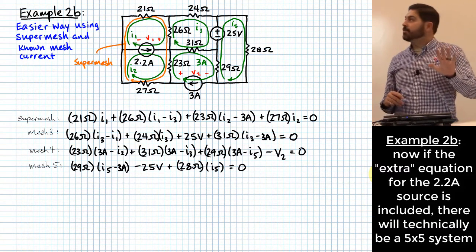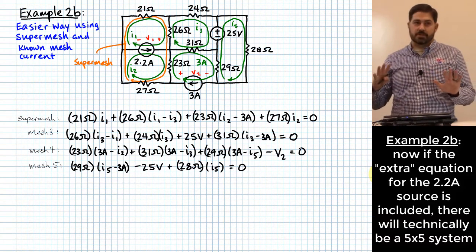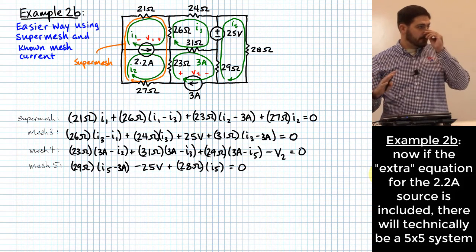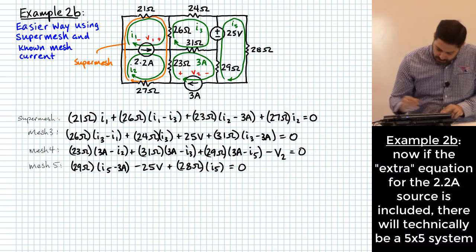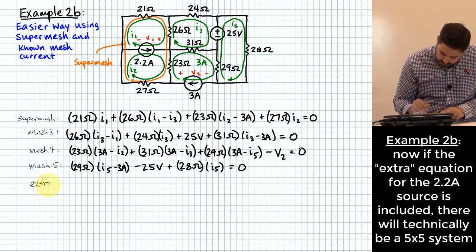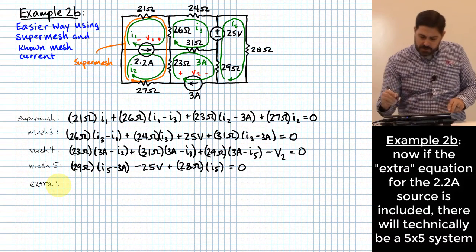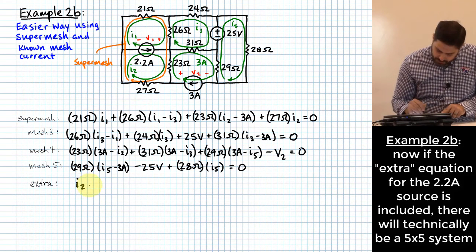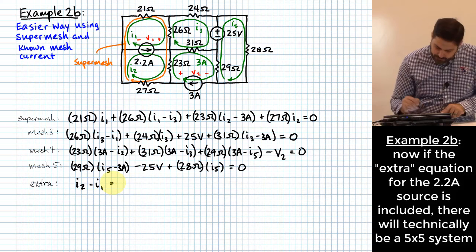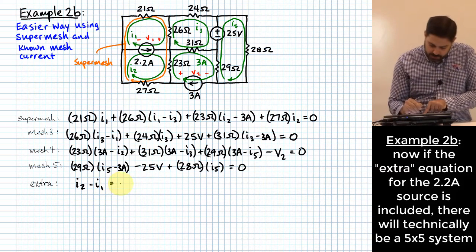So I've got 5 unknowns and 4 equations. Is there anything I can do about that? Okay. I have my extra equation, right? What's my extra equation? Okay. I2 minus I1 is equal to 2.2 amps.